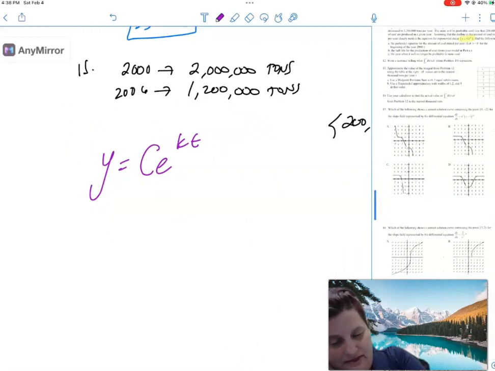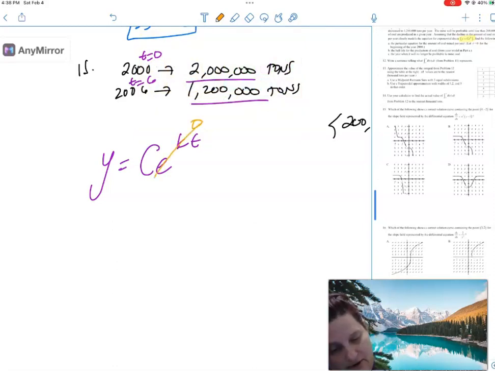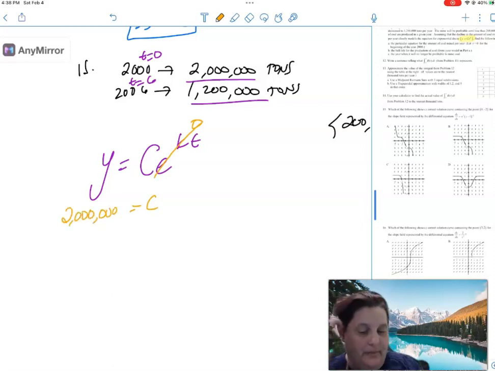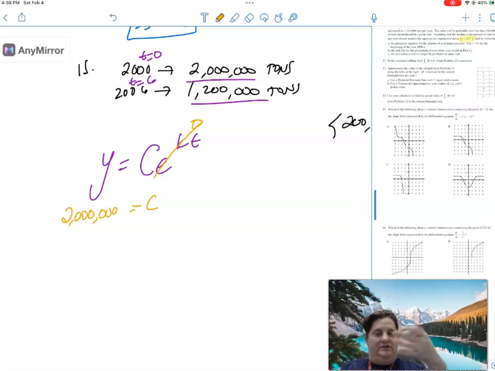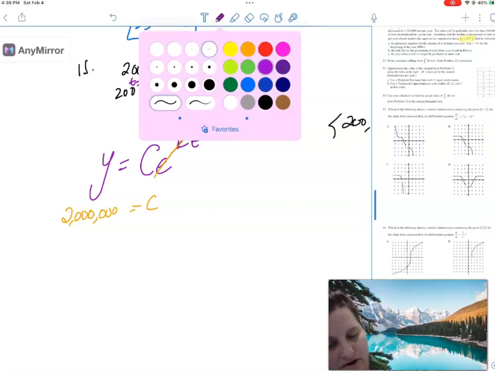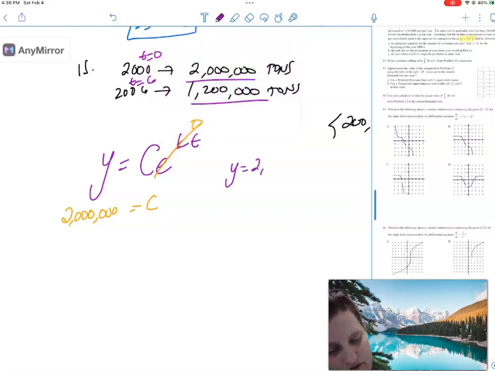This is time 0, and I got that. This is time 6, and I got that. Now, at time 0, anything to the 0 is 1. So at time 0, C is 2 million. So my equation now says y equals 2 million e to the kt.